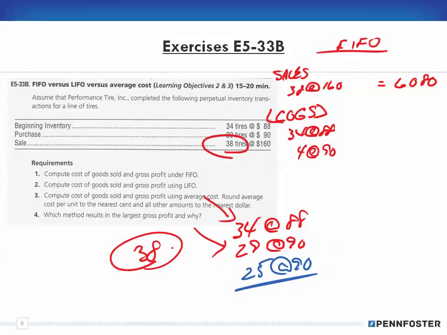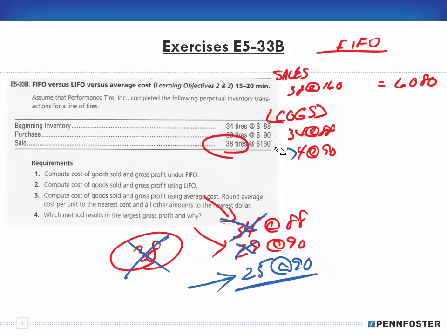Now when we sell 38, we have to take the 38 out of inventory. Using first in, these 34 were the first ones in, so they have to come out. And we still have to take out 4 more at that value. And this is what our remaining inventory is after we've made that sale.